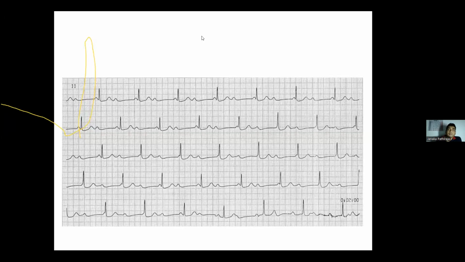Then you can see there are more P waves than QRS complexes, and there's no relationship between the P waves and QRS complexes. So this is a complete heart block, right? If you have any questions, you can ask. If you can't understand or if you have any problems, you can just ask.